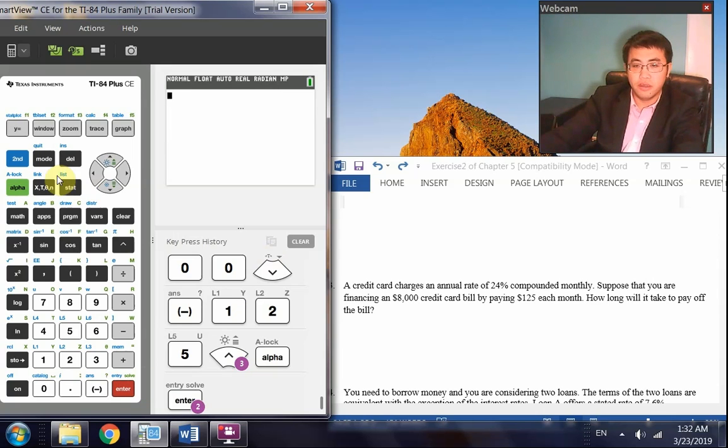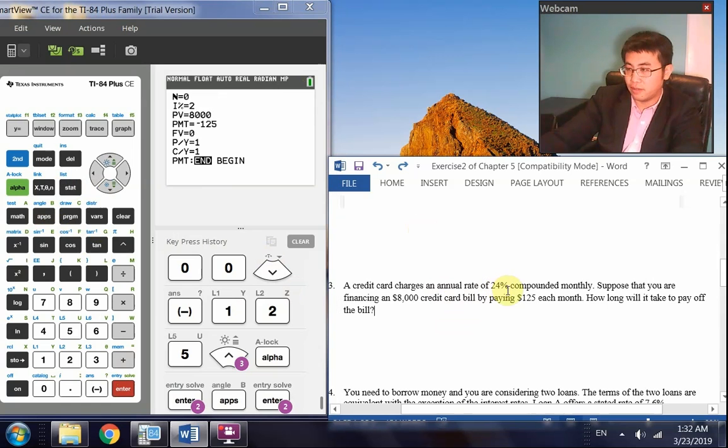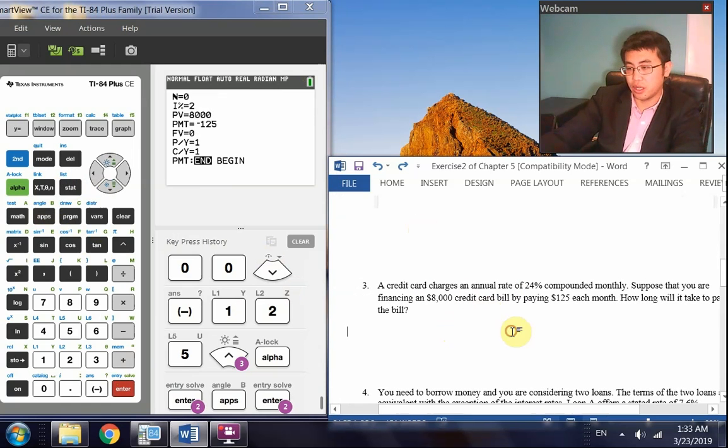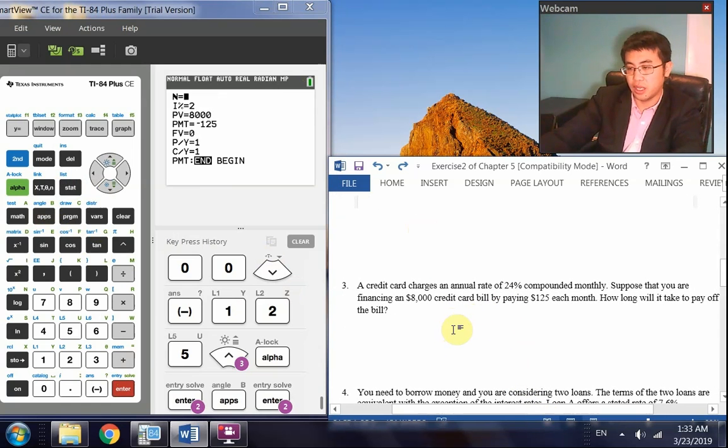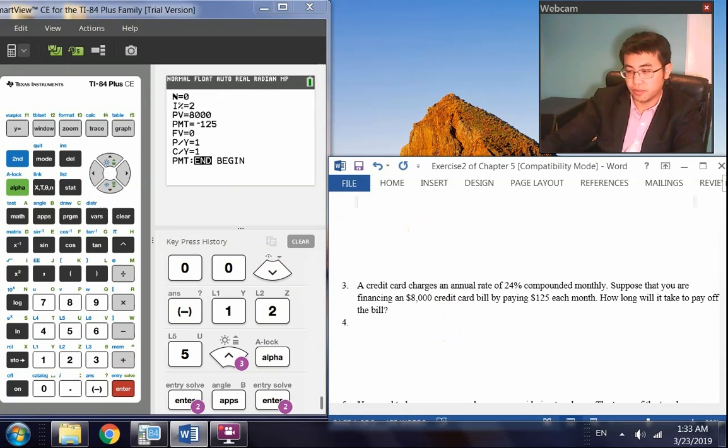Okay, the thing is when you have a 24% annual rate, it's like you are getting 2% per month, right? So 24% each year is 2% per month, and 2% multiplied by $8,000 is $160 just for the interest.